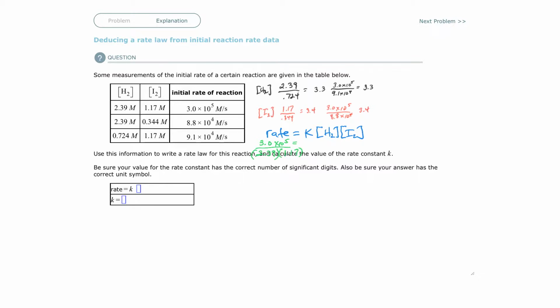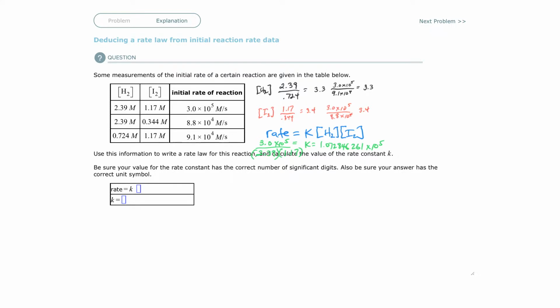Do that quickly: 3 times 10 to the 5 divided by 2.39, divided by 1.17, equals 1.072846261, I'll round it in a minute, times 10 to the 5th. That's one of your questions.